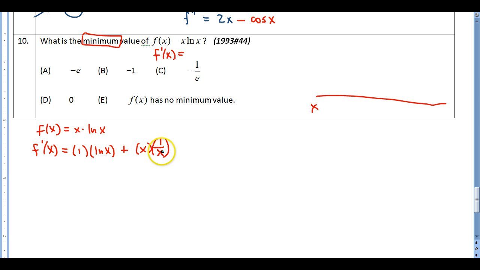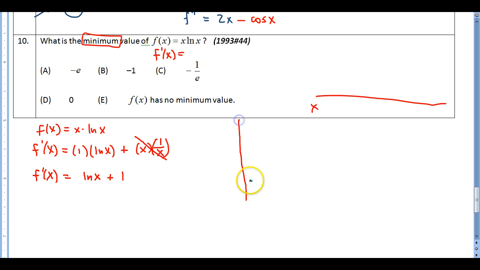If you can see, x times 1 over x, these x's cancel, so you're left with ln of x plus 1. So maybe not even looking too much at the analysis of the sign chart, but let's just look at what this graph looks like. f prime is ln of x plus 1.